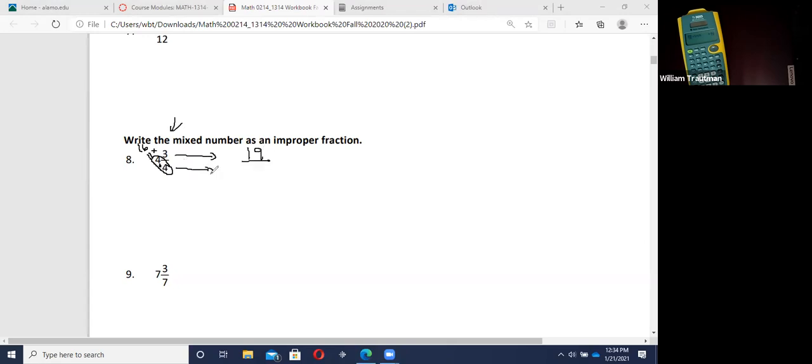And then you leave the bottom the same. So 4 3/4, changing it to an improper fraction is 19/4. You multiply the bottom with the whole number, then you add the top, and that's your new top. The old bottom stays as our bottom. So I'm going to put that into my calculator.